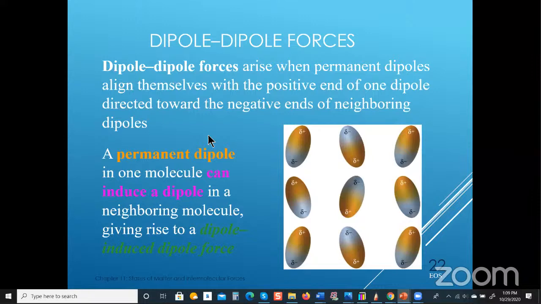Another thing I want to mention is that even though we have dipole-dipole forces between permanent dipoles, we still also have London forces that exist between these molecules.